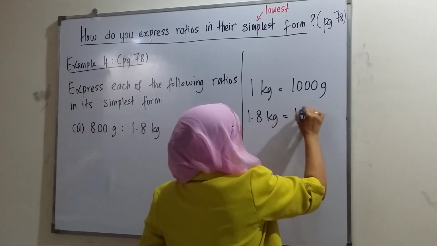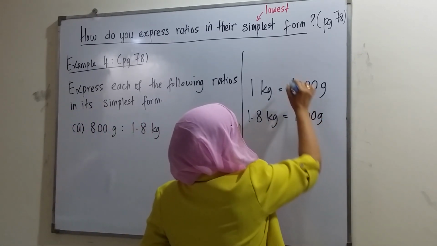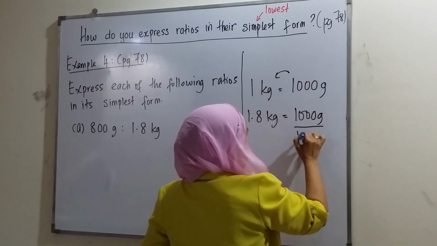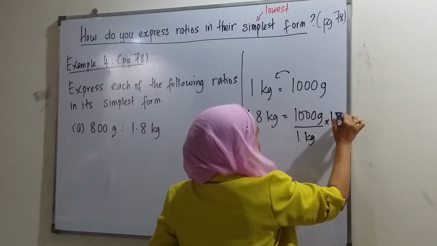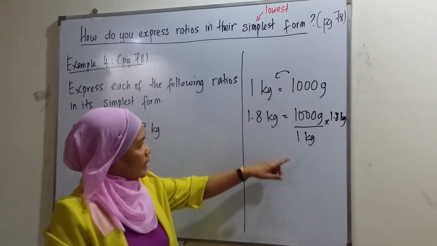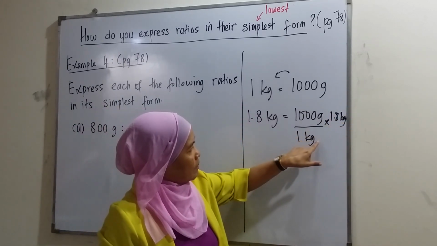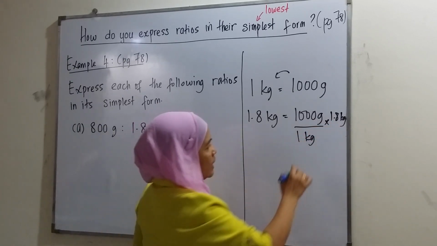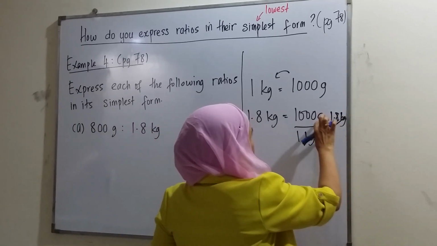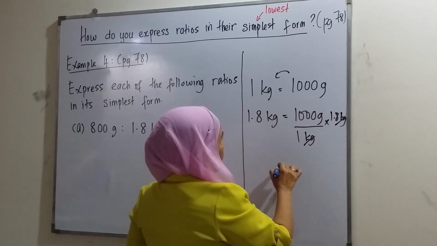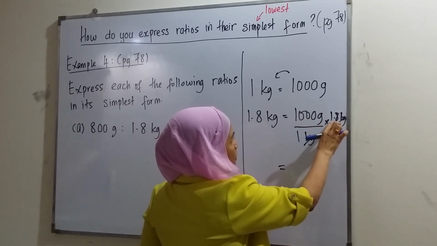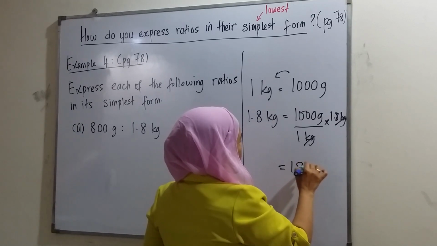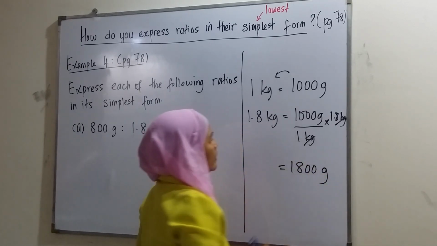So 1000 gram divided by 1 kg multiplied by 1.8 kg. So kg below, kg above, we can cut. So leave the answer in gram. So 1000 gram multiplied by 1.8, the value is 1800 gram.